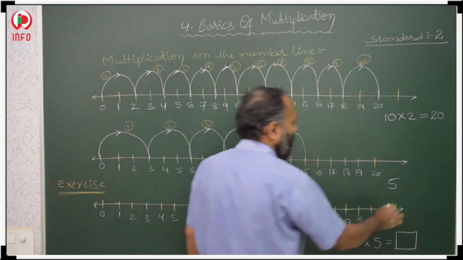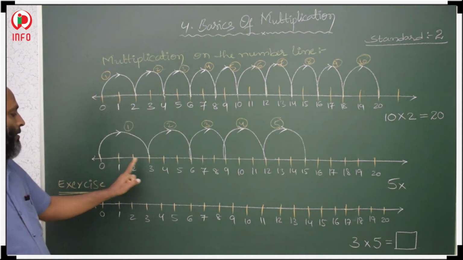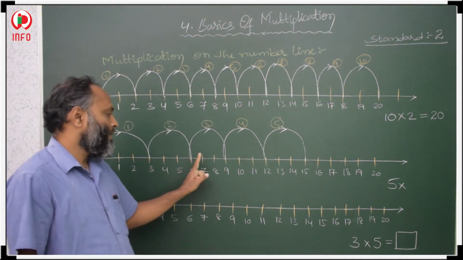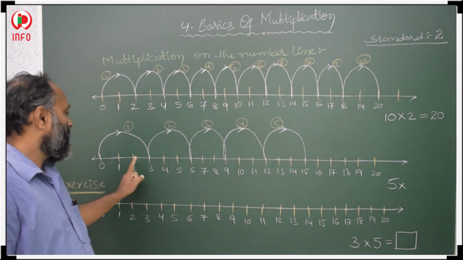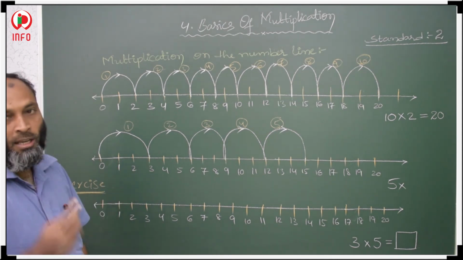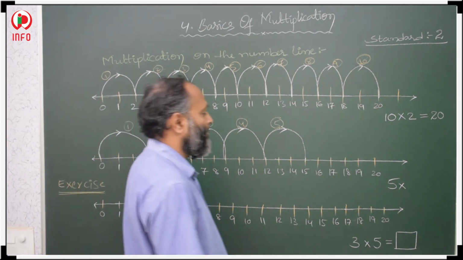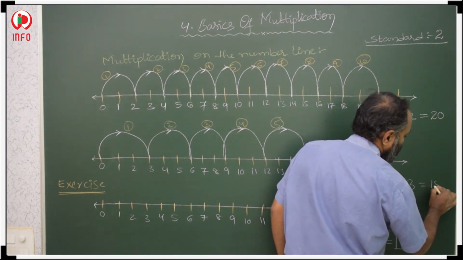Then what is the skip counting here? How much we skip? 3. 0 to 3, 3 to 6, 6 to 9, 9 to 12 means 3, 3, 3, 3 skip counting. Multiply with 3. 5 3s are 15.